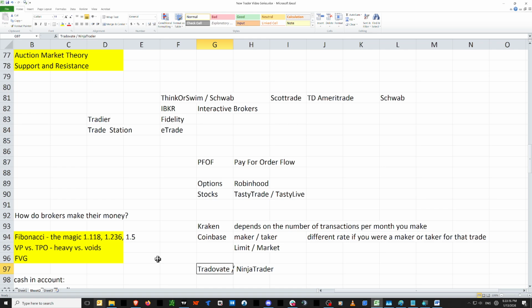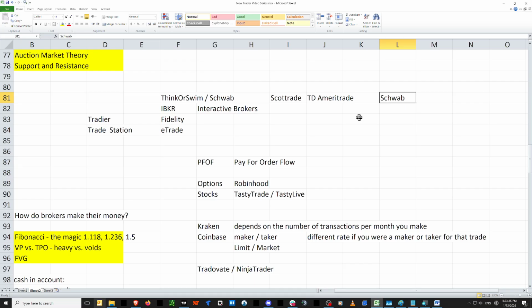But anyway, they are a discount broker. Now, as long as you understand this, it's perfectly fine.